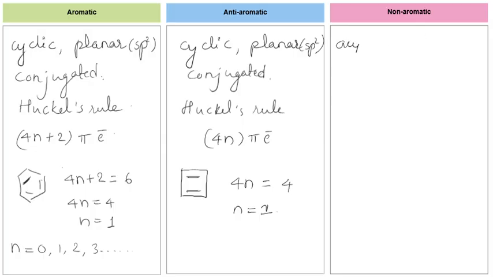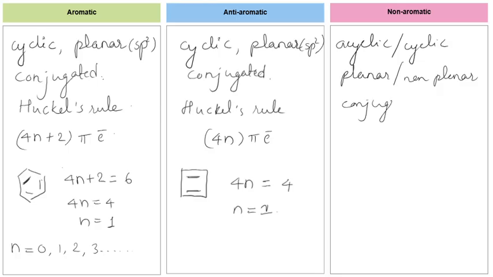The molecule can be acyclic or cyclic. It can be planar or non-planar. It may or may not be conjugated. But it will not obey Hückel's rule. Sometimes it may even obey. Then we call it non-aromatic.